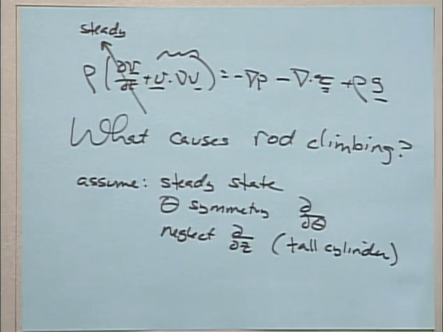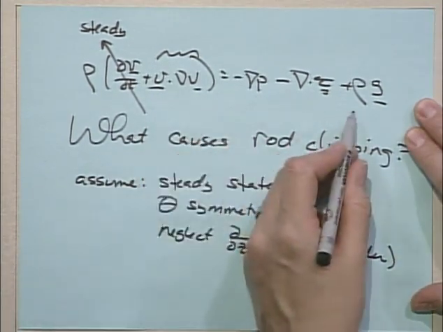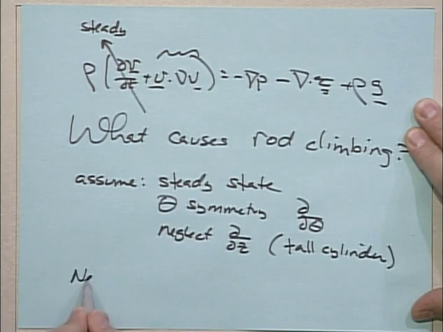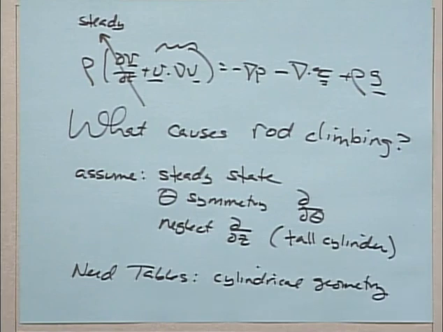So starting with the term on the left, this one, v dot del v, we need to get these terms from the tables because we're in cylindrical geometry. So I've got the tables out in front of me, the cylindrical coordinate system.